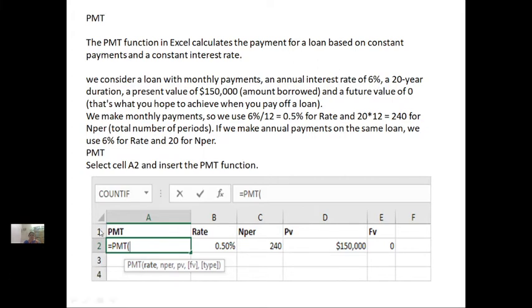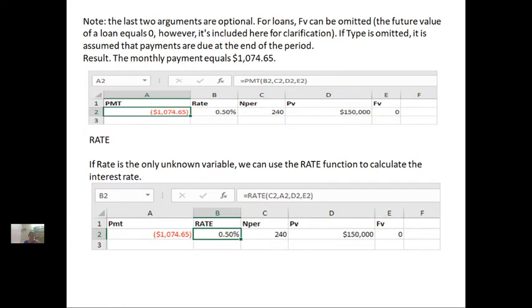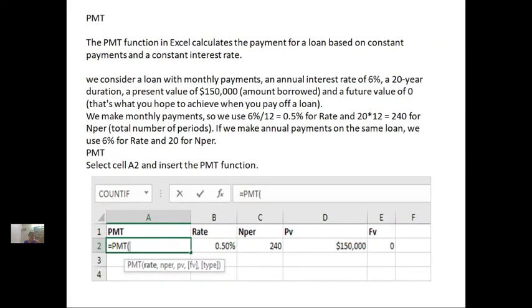The PMT function in Excel calculates the payment of a loan based on constant payments and a constant interest rate. We consider a loan with monthly payments, an annual interest rate of 6%, a 20-year duration, a present value (PV) of $150,000, and a future value of 0.